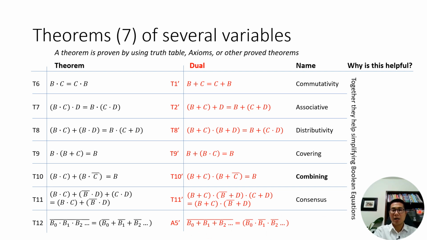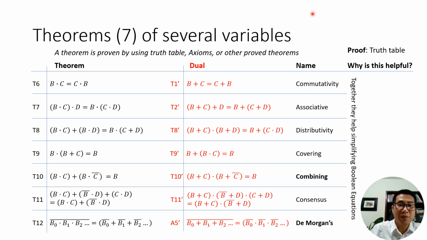This is another very commonly used theorem, and it is called De Morgan's theorem. In the next one, we're going to learn how to use the axioms and the first 12 theorems that we have learned so far in some examples.